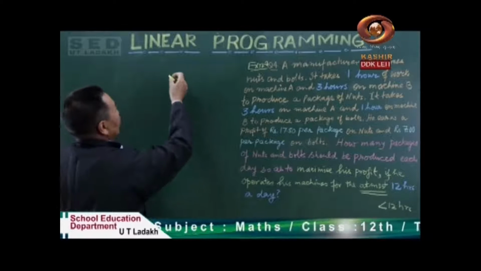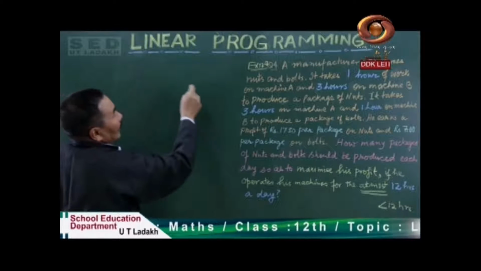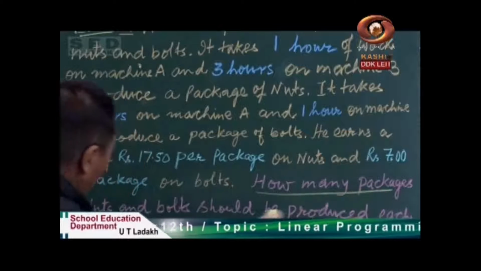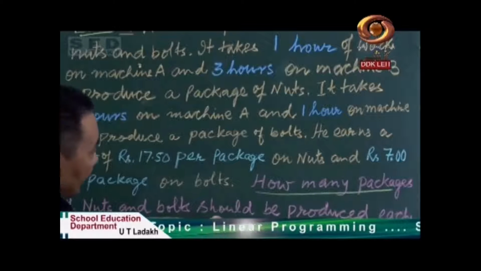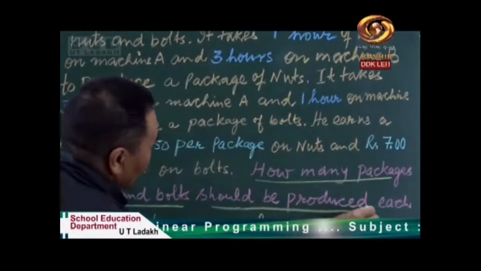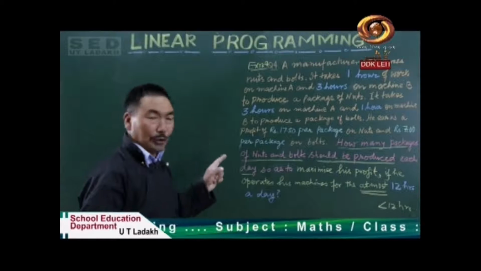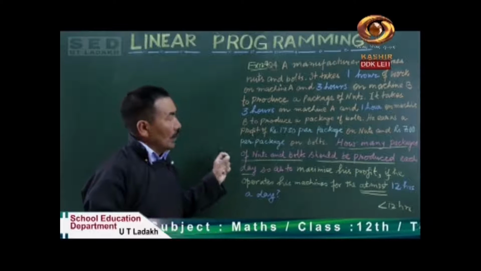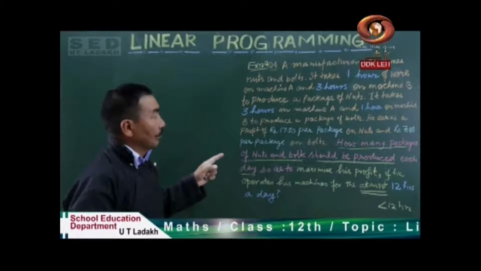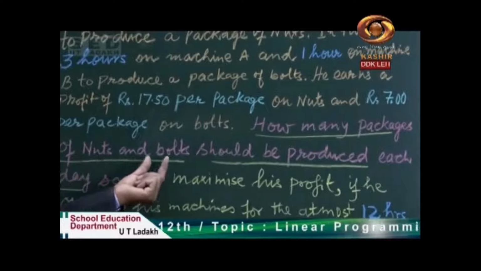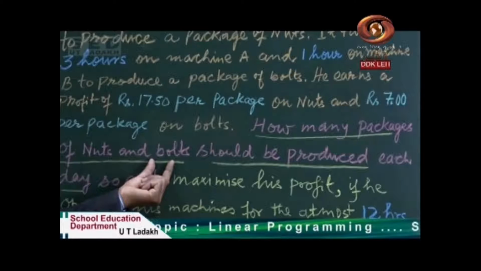Our question is: how many packages of nuts and bolts should be produced each day? This is our question. So first of all, we suppose that the manufacturer produces X number of packages of nuts and Y number of packages of bolts. That will be our supposition.